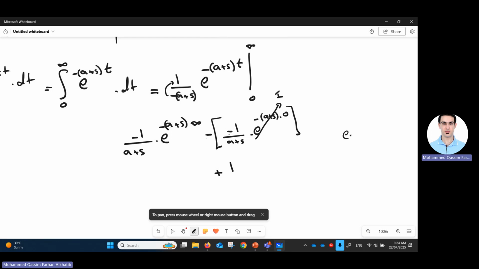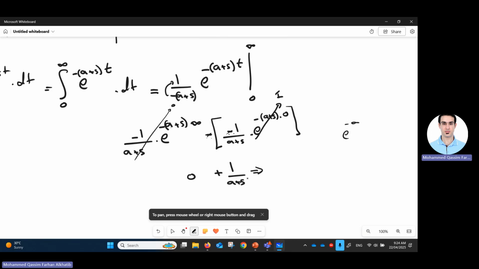And you can say that's going to be like equal e to the negative infinity, right? So what will be the value here? 0. So in this case, negative and negative will cancel each other out. So this is 1. I'm going to be getting 1 over s, and this is 0. So the answer here will be 1 over a plus s.